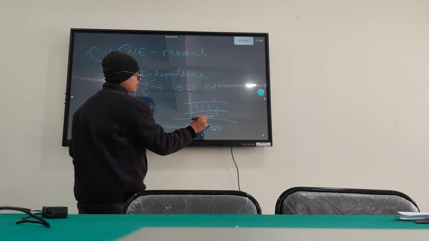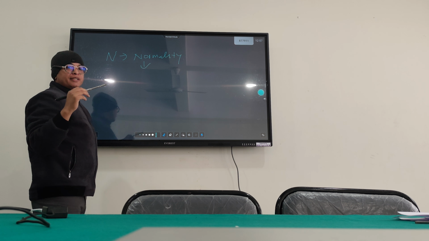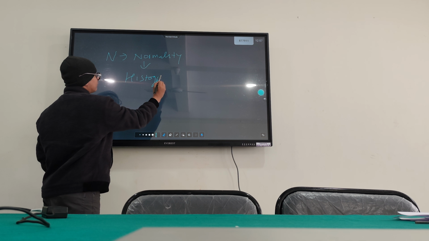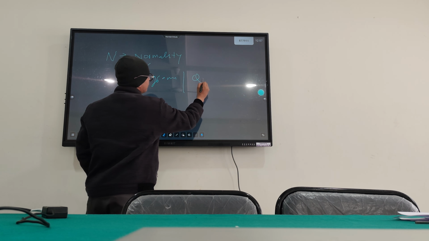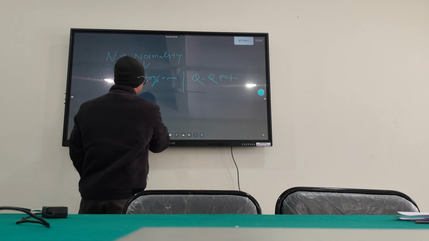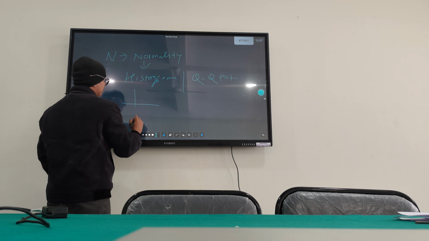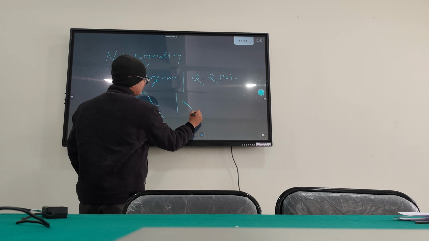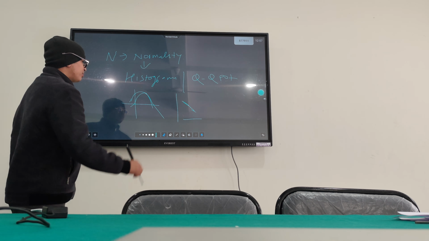Okay, let me go to the next one. Our next one is normality, N in LINE. Normality, you know. Through plots, you can test with a histogram. Another is the QQ plot. The histogram should come in a bell shape. If it is bell shaped, it is normally distributed, and in the QQ plot the data points should lie along the diagonal.